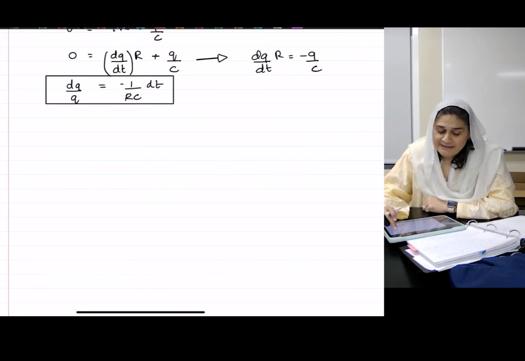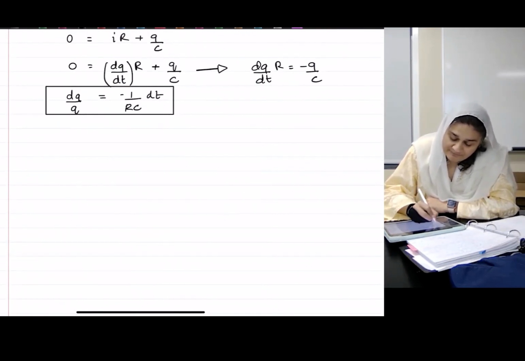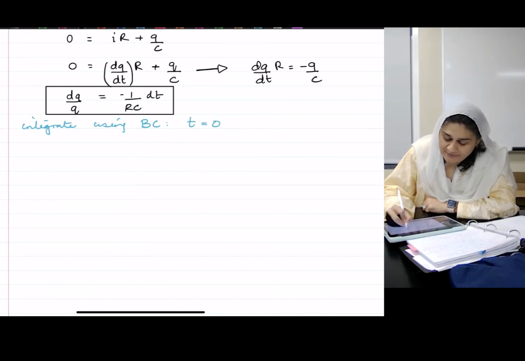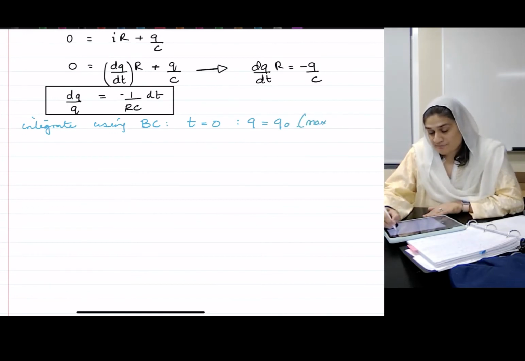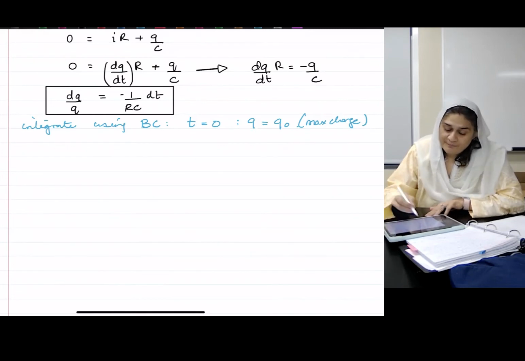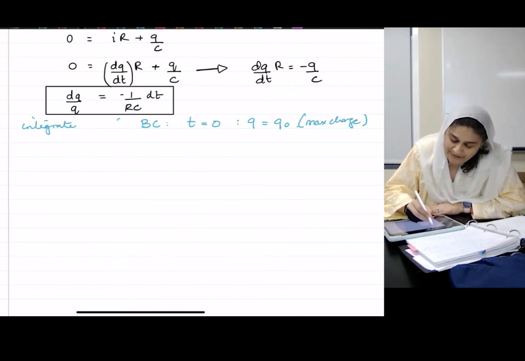Now, may I integrate using the same boundary condition, that at t equals 0, Q equals Q naught, the maximum charge. What will my equation look like? Okay, so when I integrate this, what will I get?